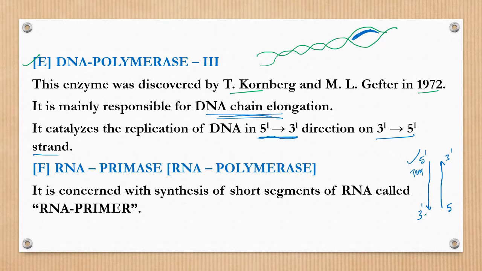Suppose it is the 3 end of the old strand, then the new strand starts to form at 5, because a new strand needs to form parallel to the old one. That means here the old strand has its 3 end, so the new strand starts at its 5 end here.